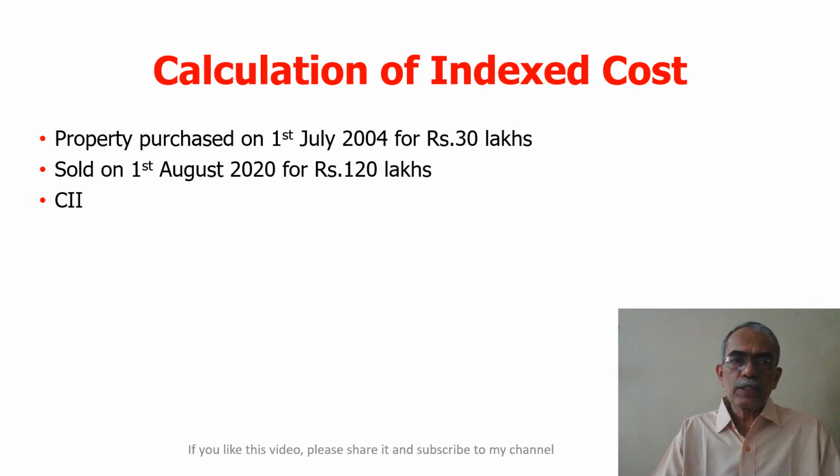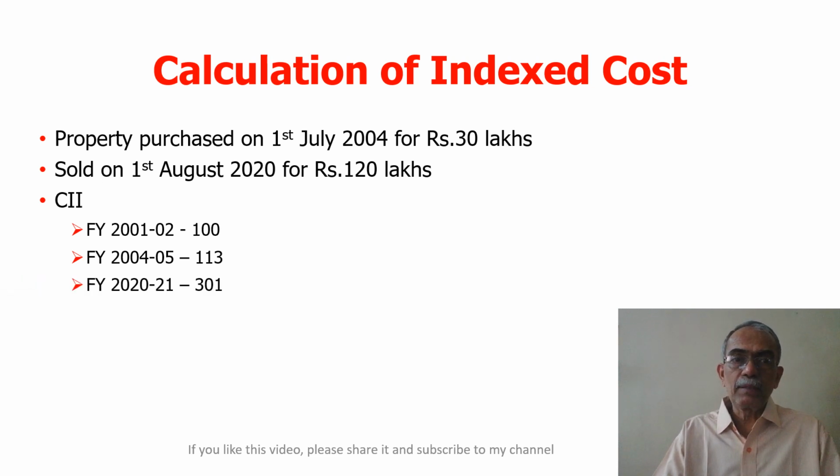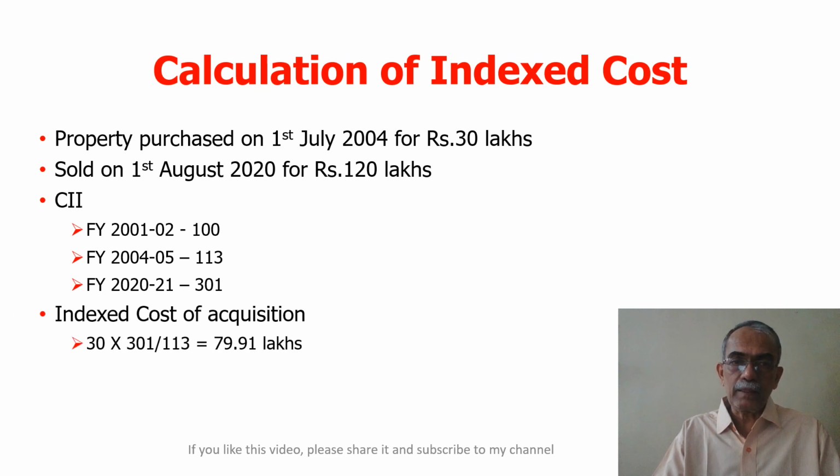Then looking at the cost of inflation index table, we can see that the index rate for the financial year 2001-2 is 100, and for 2004-5, that is the year in which the property was purchased, the rate is 113 in the table, and for the current year, that is the year in which the property is sold, it is 301. Then how do I work out the indexed cost?